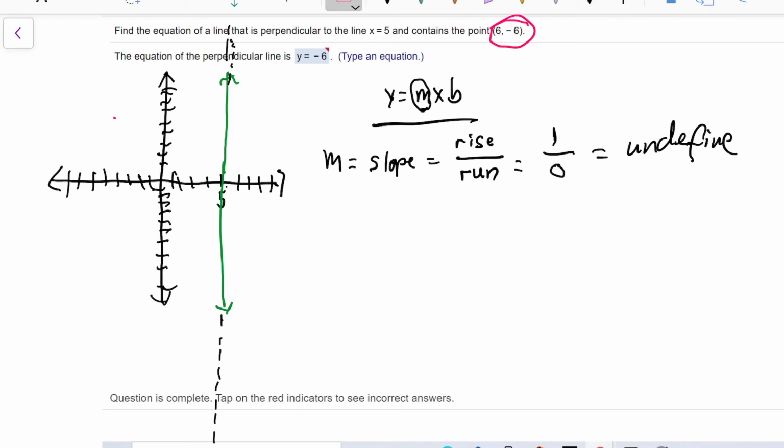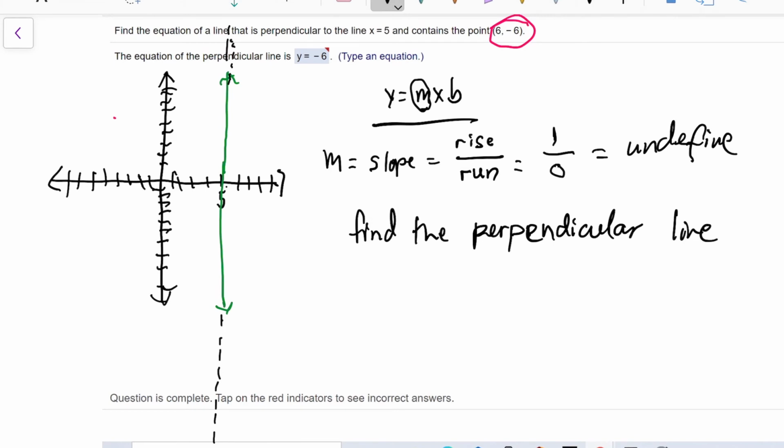So we can find the perpendicular line by writing out our slope intercept form now. So m is equal to 0, and we're given a point, 6 and -6.